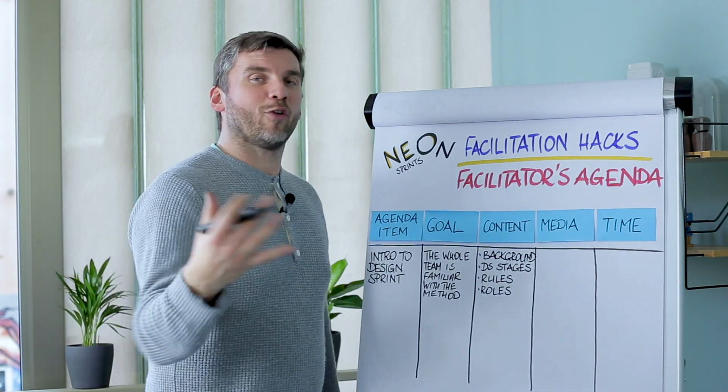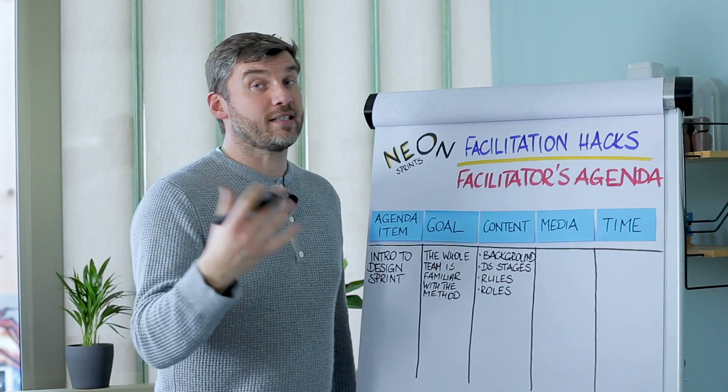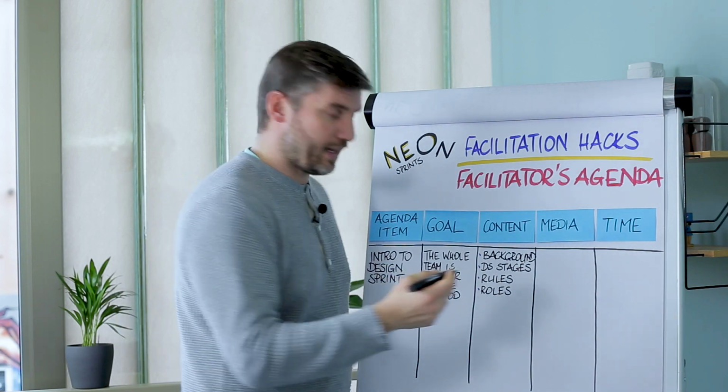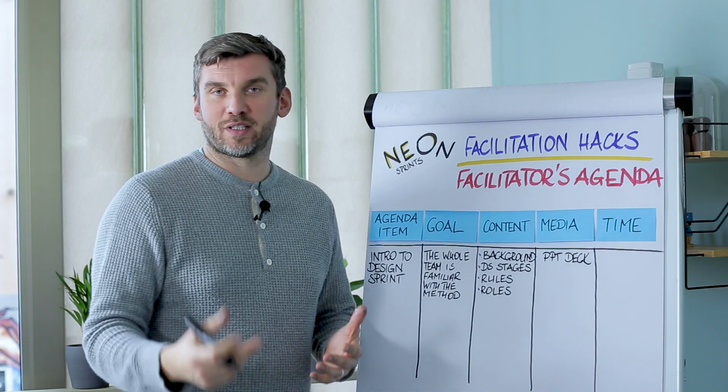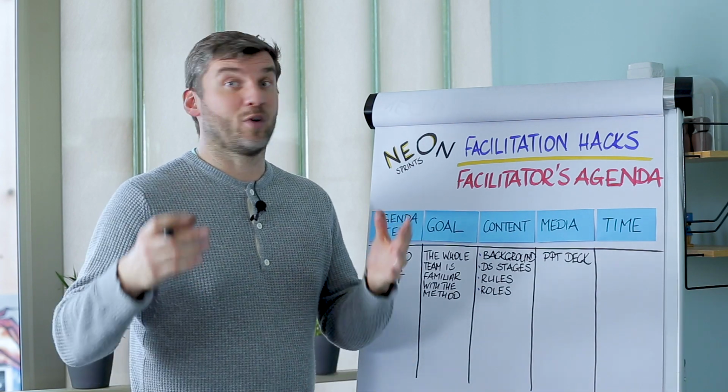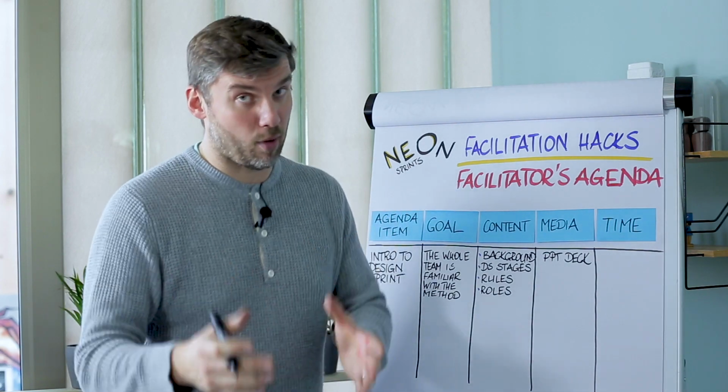Think up front, how do you want to present that? For instance, using a deck of PowerPoint slides. Alternatively, maybe you want to use post-its and a whiteboard or a pinboard, which always is more dynamic than PowerPoint.